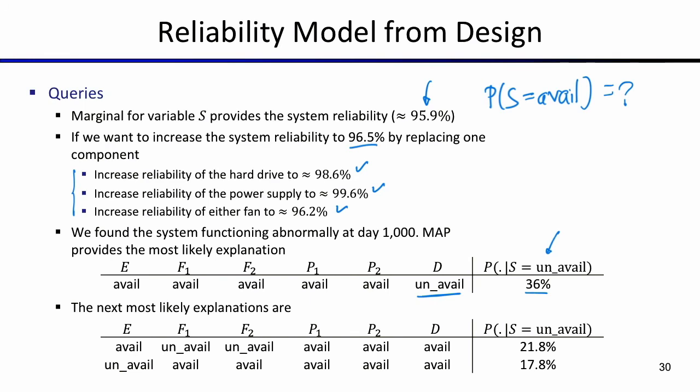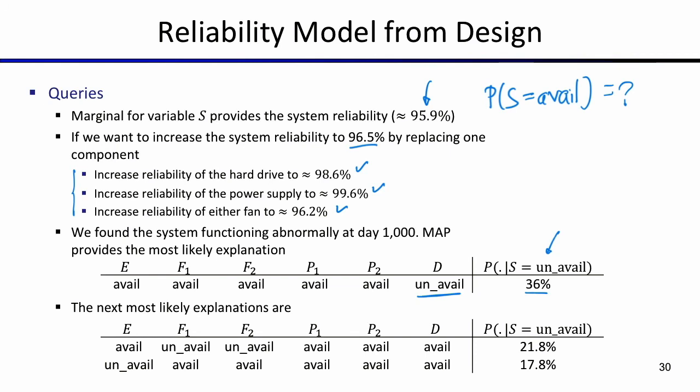And this result is expected because the hard drive, if you remember, is the last component of the system, and if the hard drive fails, the entire system is going to fail. Other parts of the system have redundancy, right? So we have 2 fans and 2 CPUs. So yeah, it makes sense to blame the hard drive.